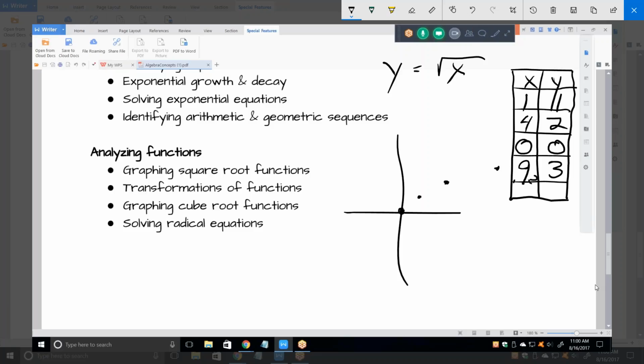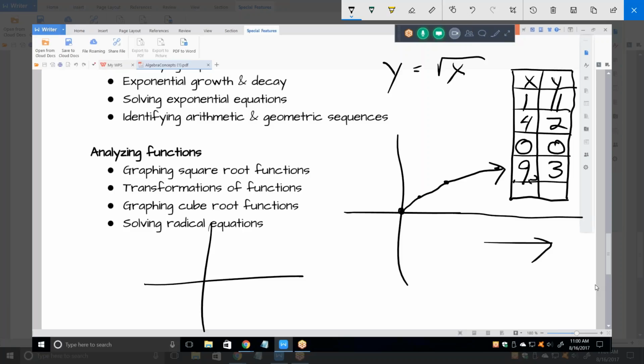Okay. Now if I connect the dots, and it's not connecting the left one with an arrow, I'm going to put an arrow there because X can go all the way to infinity. In other words, in this direction, X can go as far as I want to the right. And what you end up with is a curve that looks a little bit like this.